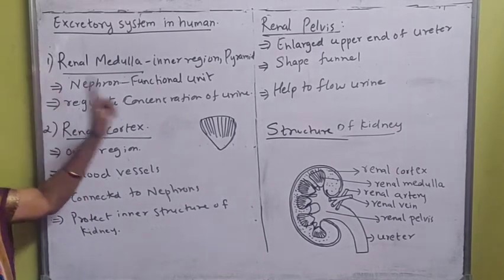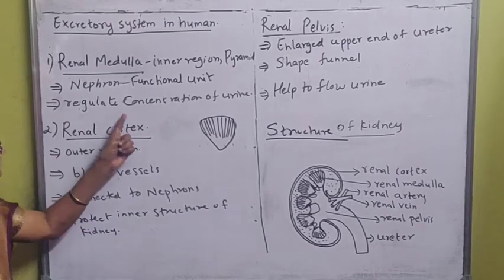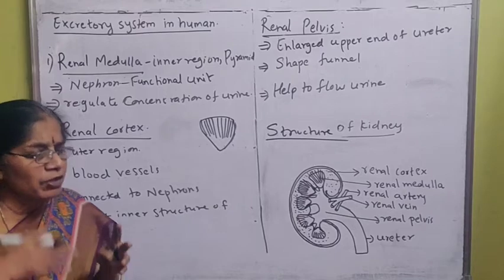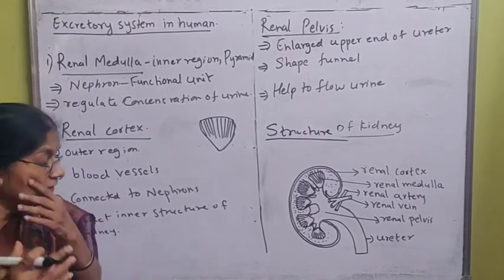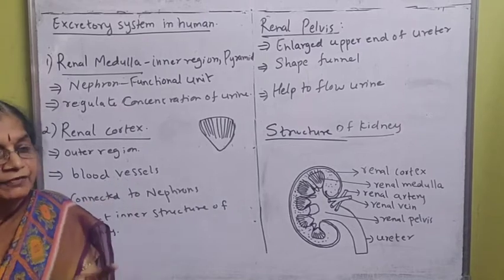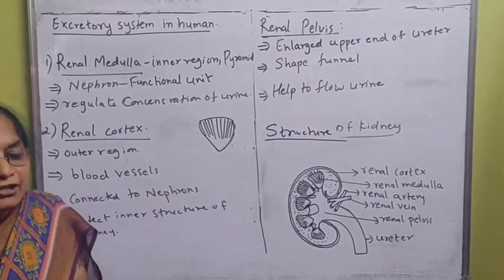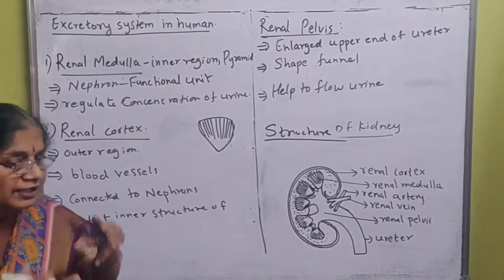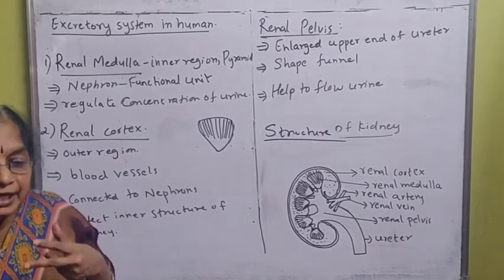And what is the function of the renal medulla? It will regulate the concentration of urine, that is, whether the urine should be concentrated or dilute. For acid, concentrated acid means the strength of the acid is more, dilute acid means the strength of the acid is less. Similarly, whether the strength of the urine should be more or dilute.